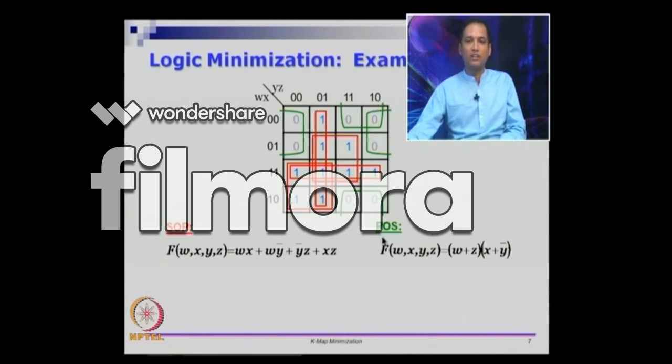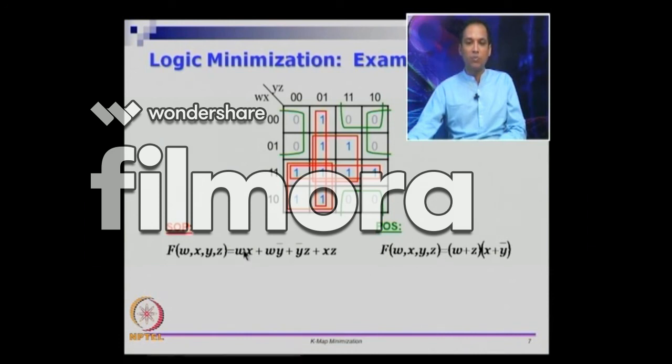The intersection of that gives you w plus z. And if you look at this grouping here, this corresponds to the fact that x is 1, so the first row and the last row correspond to x being 1, and the last 2 columns correspond to the fact that y is 0. The intersection of that gives me x plus y bar. So this is the sum of product and this is the product of sum.